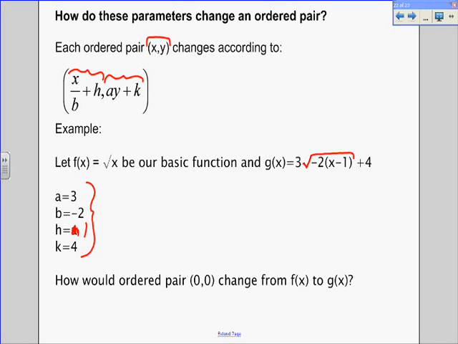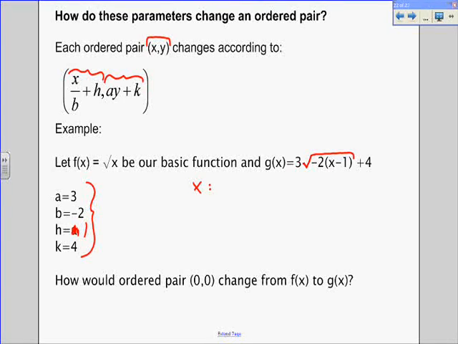All right, so what would happen to an individual ordered pair (0, 0) as we transform from f of x to g of x? So I'm going to try to use my little bit of space that I've left myself here. So what would happen to my x value? Let's start by looking at that.